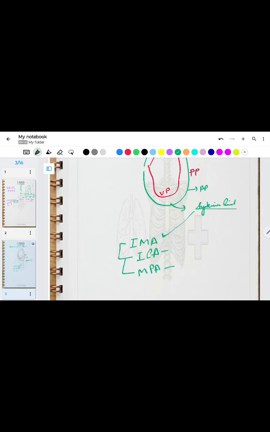These three arteries are the main arteries that supply the parietal pleura. And the venous drainage is by the corresponding veins. So, internal mammary artery, the corresponding vein will be internal mammary or internal thoracic vein. Internal mammary artery is also called internal thoracic artery.